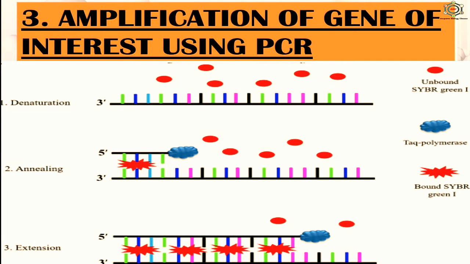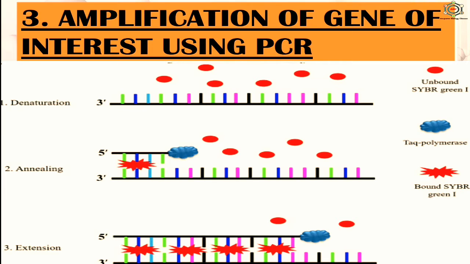The third and final step is extension. Here in this picture you can see that first is denaturation, then annealing, and after that the extension. During this step, the enzyme DNA polymerase synthesizes the DNA segment between the primers. Usually, Taq DNA polymerase isolated from a thermophilic bacterium, Thermus aquaticus, is used in most cases.